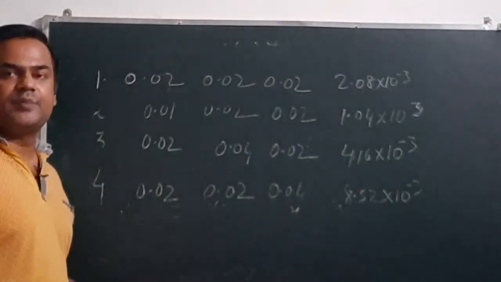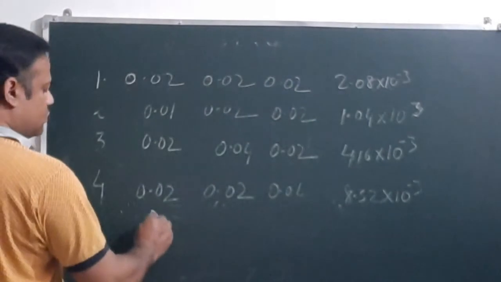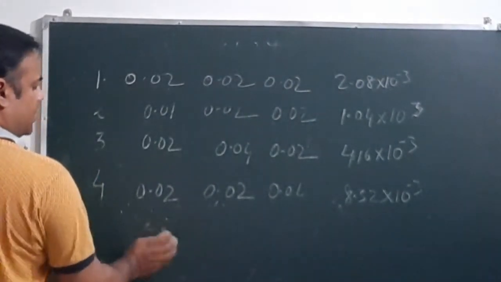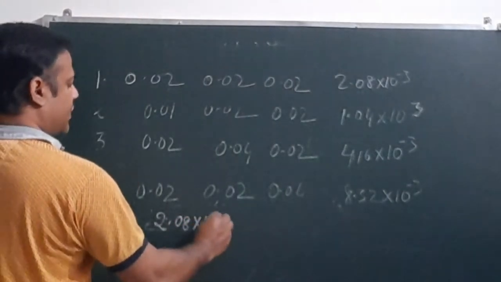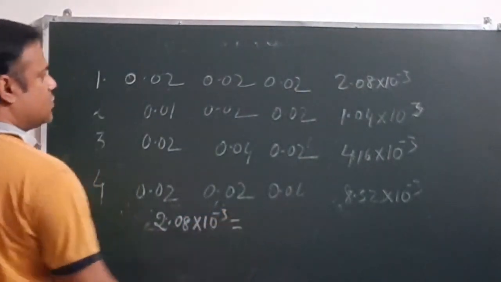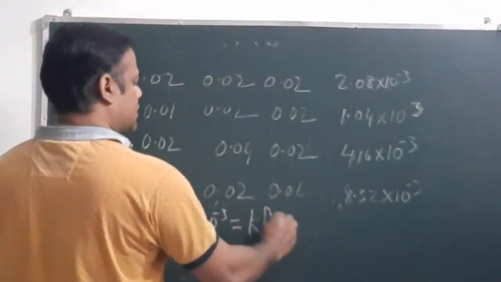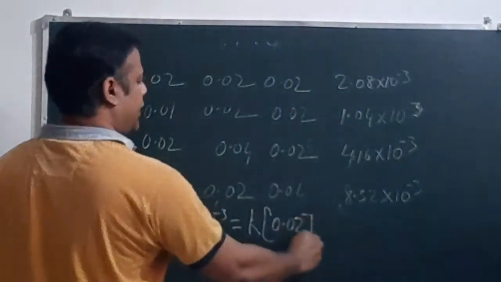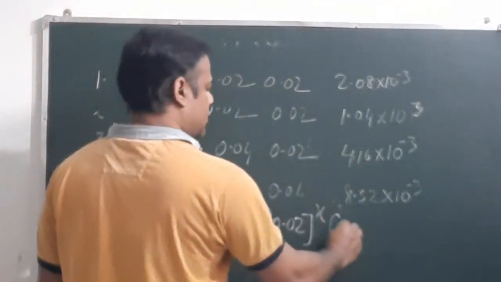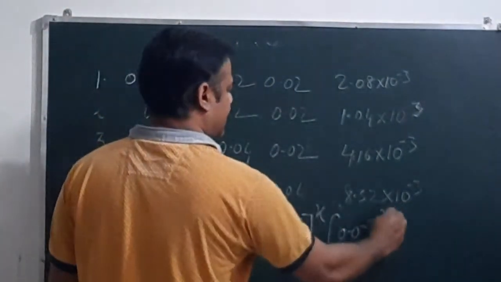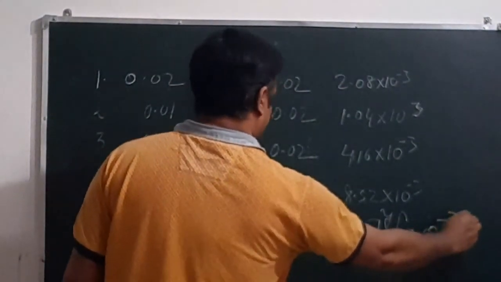If we write the rate expression for the first experimental value, R is given as 2.08 into 10 to the power minus 3 equals K, concentration of A 0.02 to the power x, 0.02 to the power y and 0.02 to the power z.